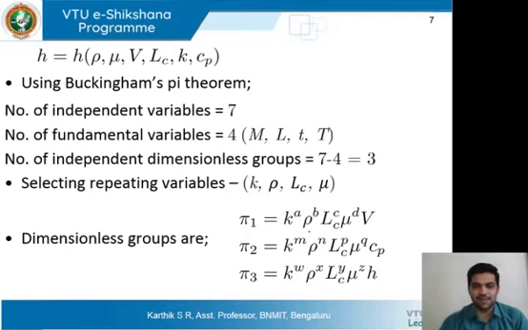Density is a kinematic one. L, the characteristic length, is a geometric property. Mu is a dynamic property. So we are selecting these 4 as repeating variables. If you select these as repeating variables, you know how to express the dimensionless groups and solve for the powers.